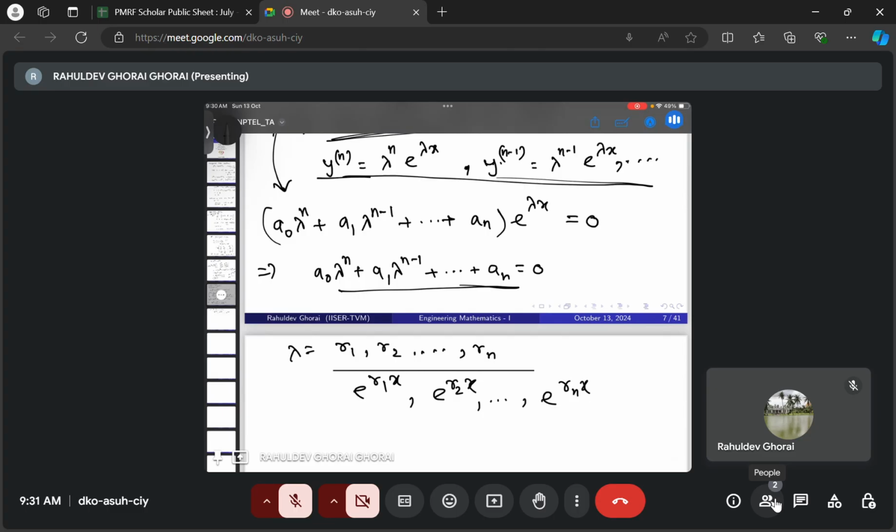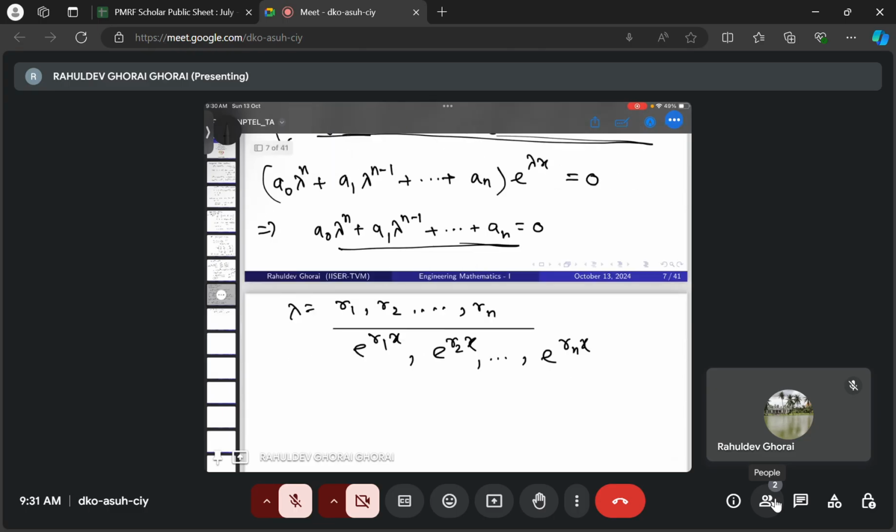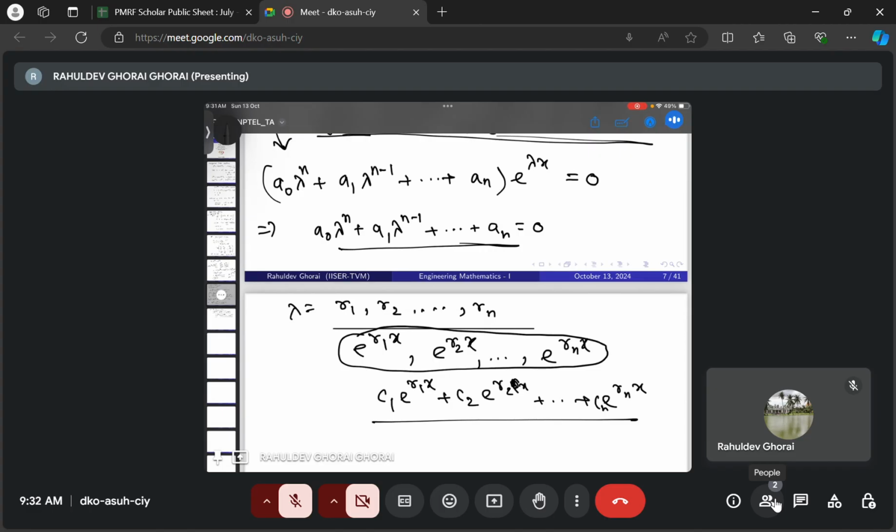You have linearly independent solutions, and you can show that any solution will be of the form c1 e to the power r1 x plus c2 e to the power r2 x up to cn e to the power rn x, because this is a set of n linearly independent solutions, and any solution will be in the n-dimensional vector space, because the space where the solution belongs is of dimension n.